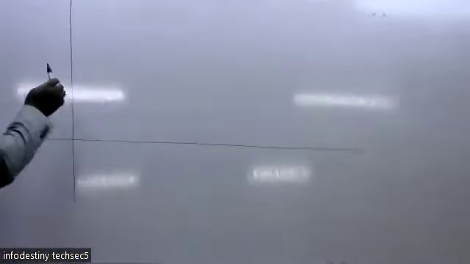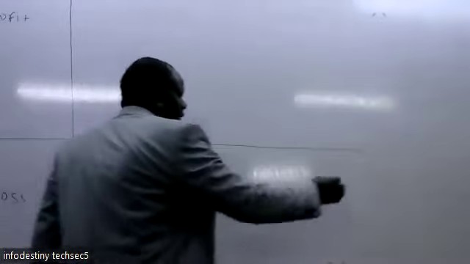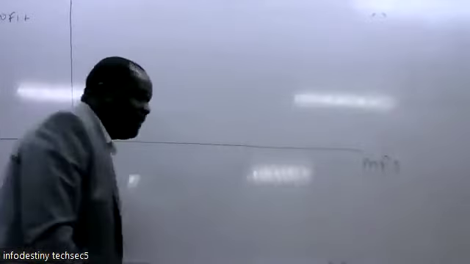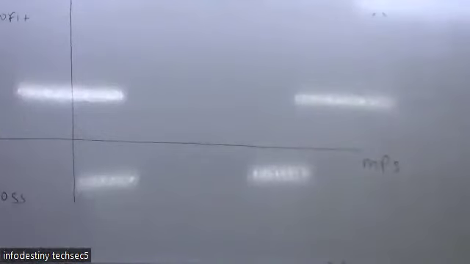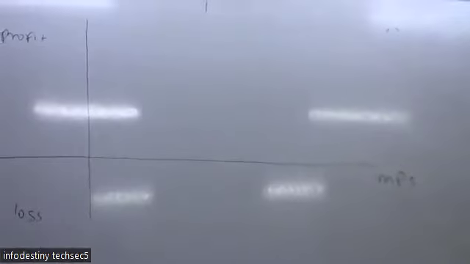So this side will either be the profit or the loss. Profit. Then this part will be the loss. Then these ones are the market price of the security. So the scale should come from the information that you have.